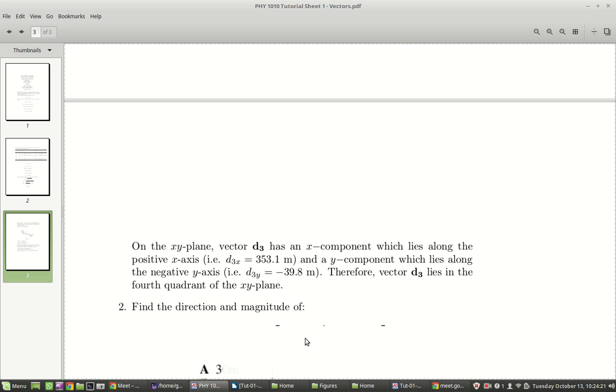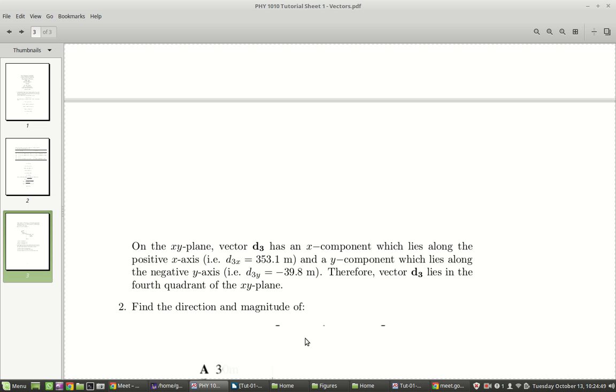So there are two ways you can measure the angle from the x-axis. Since this vector is in the fourth quadrant, the nearest x-axis is the positive x-axis. From the positive x-axis, you can measure the angle clockwise.